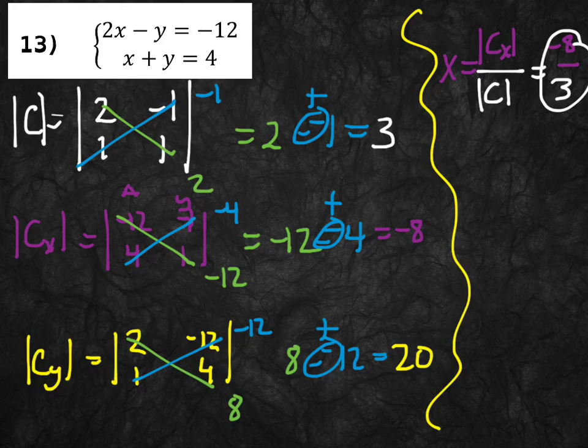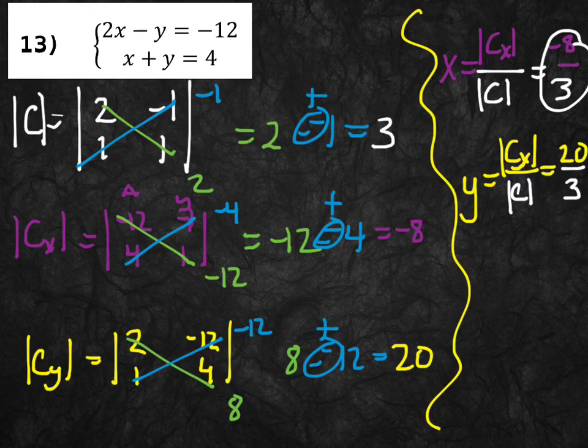Now we're going to do the same thing for our y's: the coefficient with the y replaced, divided by your coefficient matrix. And that's going to be 20 divided by 3, which is as reduced as that gets. So our ordered pair is negative 8/3 and 20/3.